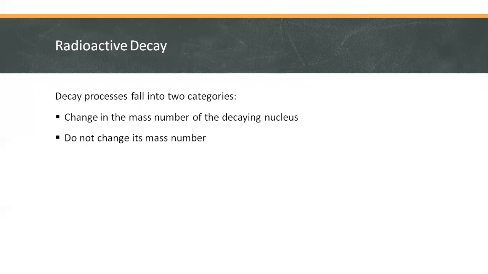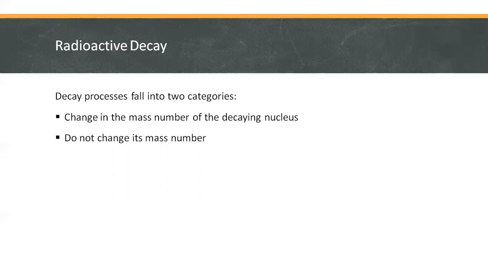Three of the most common types of decay are alpha decay, beta decay, and gamma decay, all of which involve emitting one or more particles or photons. The weak force is the mechanism that is responsible for beta decay.